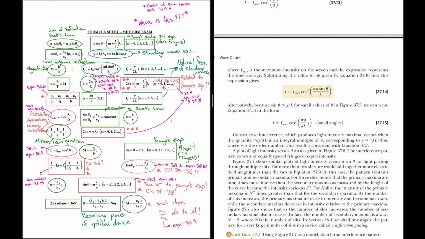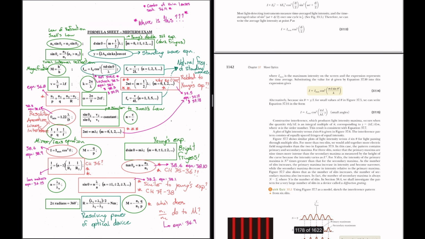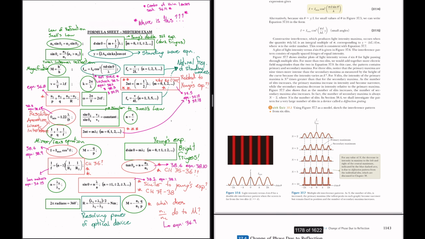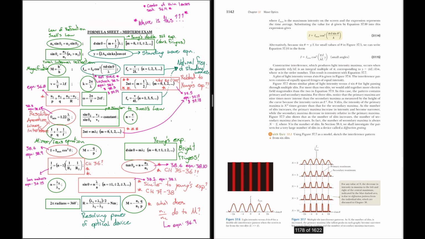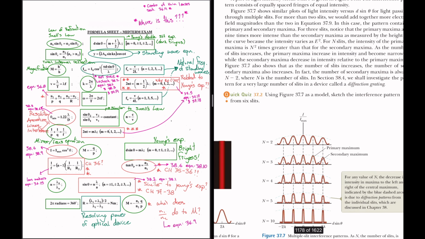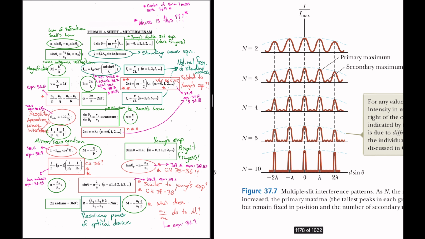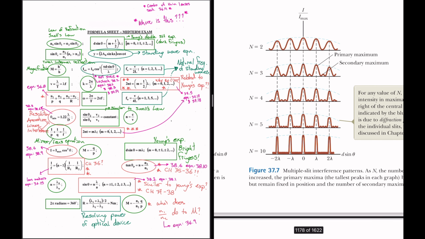Alternatively, because sine theta equals y over L for small values of theta, in figure 37.5, we can rewrite the equation as this for small angles. Okay, so you can read about the theory here if you want, but what I want to show you guys is that this I max tells you how to find this envelope over here of the Young double slit pattern.